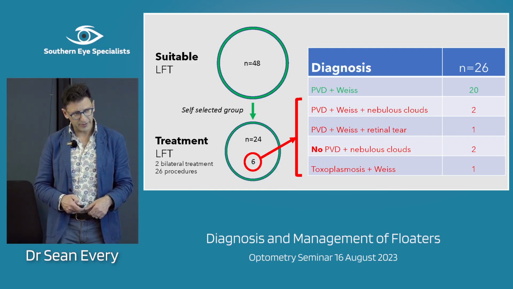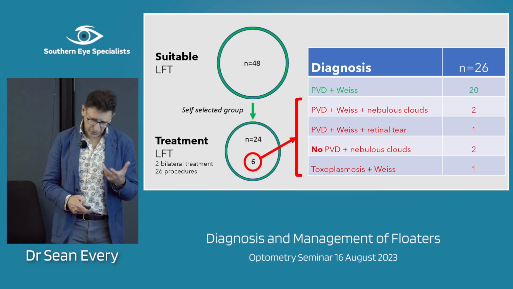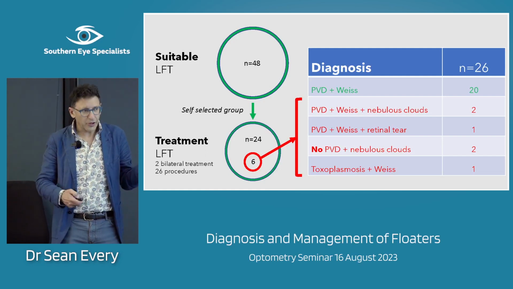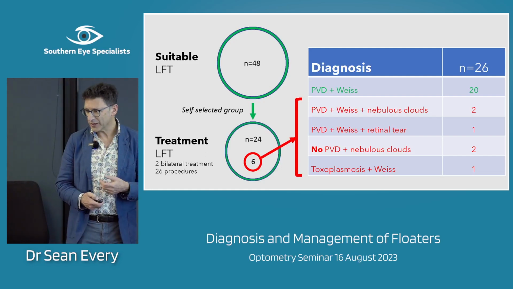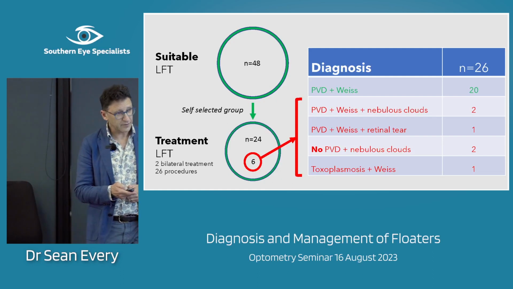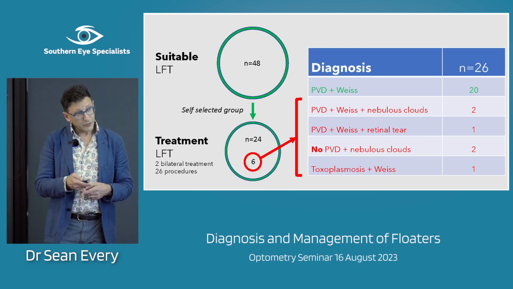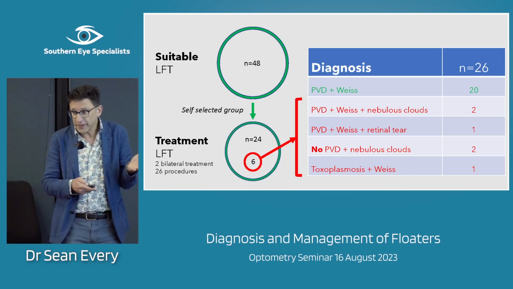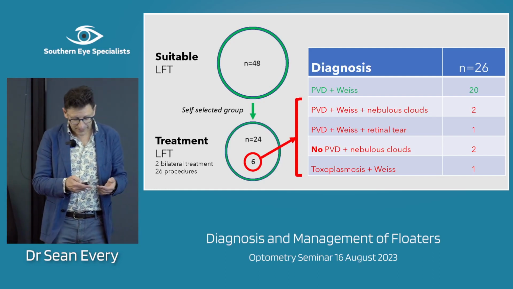And then anyone with inflammatory eye disease as well. This person had toxoplasmosis, and they just had this huge Weiss ring, and I thought it was worth a go. But there's so much inflammatory load going on in there that I just don't think it's the right procedure. But 20 out of 26 were happy, and as I say, this is my learning curve, I guess.